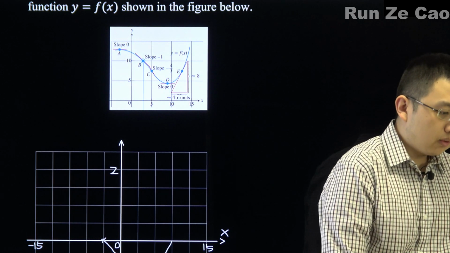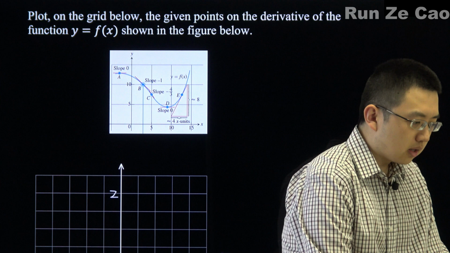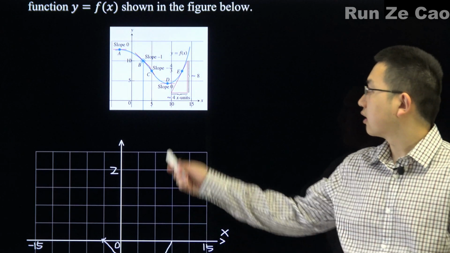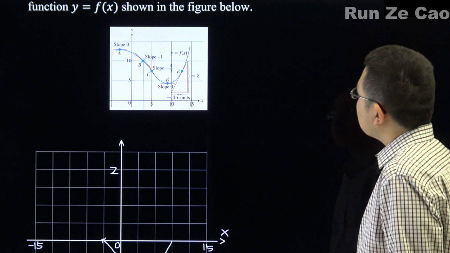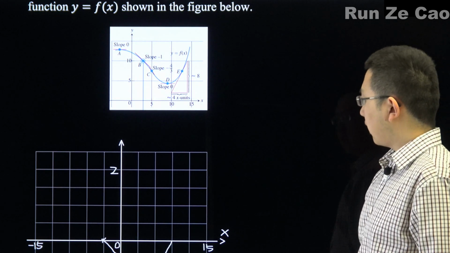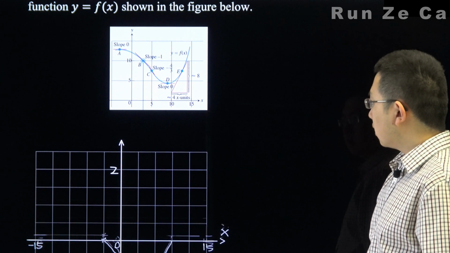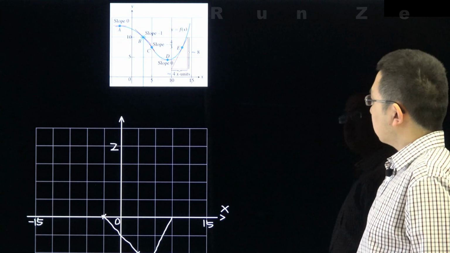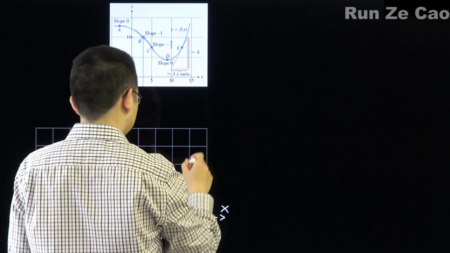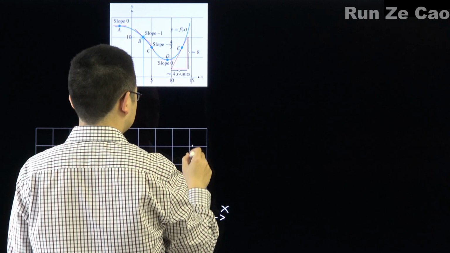So, what about the e value here? The point that's marked as e. Well, that has a slope of 2, and that's at about 12.5. So just a little bit past this, and we're all the way up to about here.